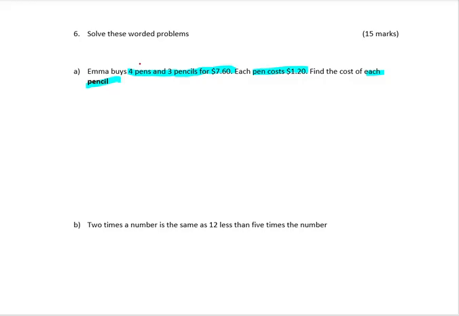So I'm just going to label pen as x and then I'm going to label pencil as y. So I know that if I buy 4 pens and 3 pencils together, it's going to add up to $7.60. And now I know that each pen here costs $1.20 each.